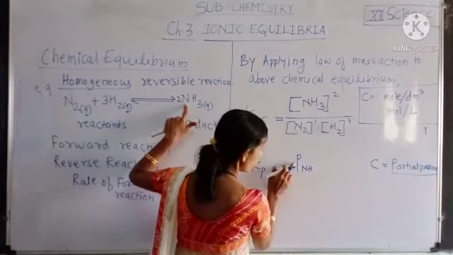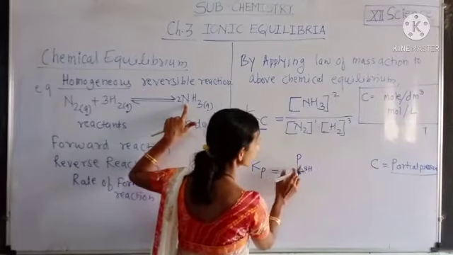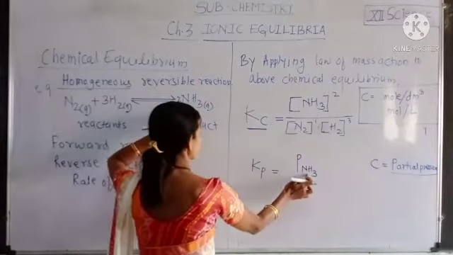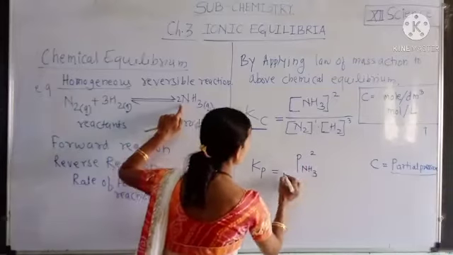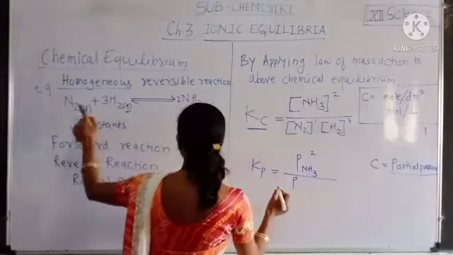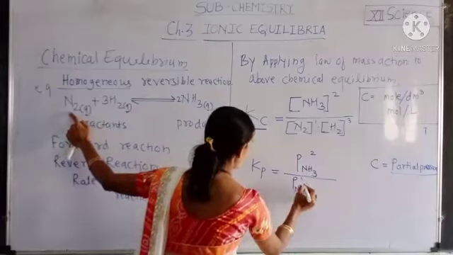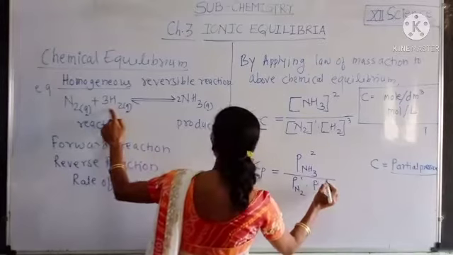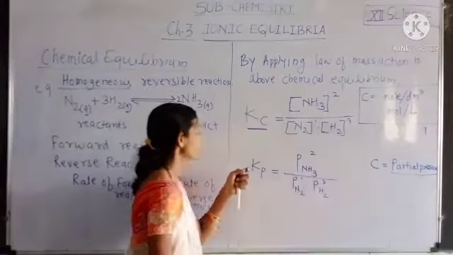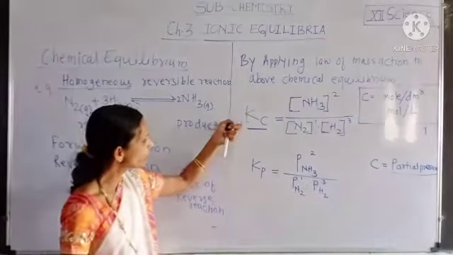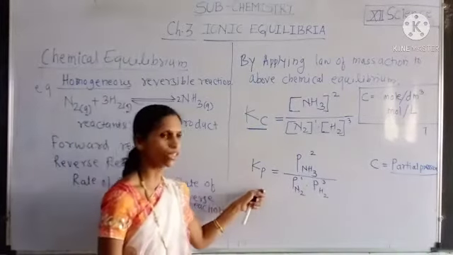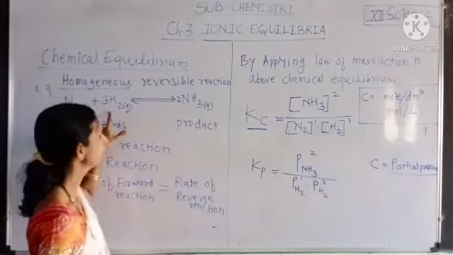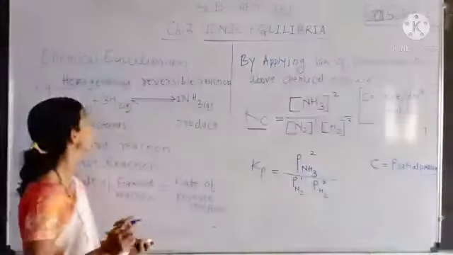That is, P is used for partial pressure. Kp is equal to the partial pressure of ammonia gas, the product, raised to 2, upon the partial pressure of N2 raised to 1, into the partial pressure of H2 raised to 3. That is the chemical equilibrium equation obtained by applying the law of mass action to this chemical equilibrium process.